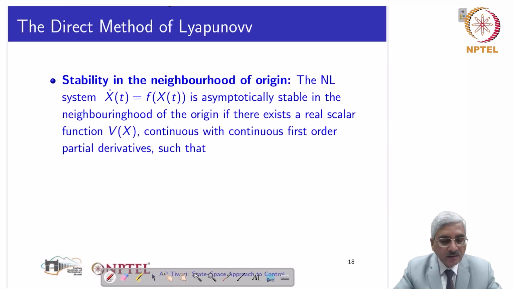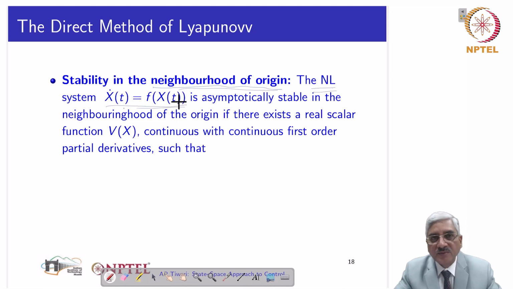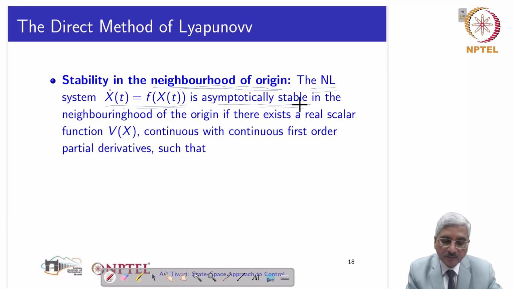Now we define stability in the neighborhood of the origin. A nonlinear system x dot equal to f(x) will be asymptotically stable in the neighborhood of the origin if there exists a real scalar function V of vector x.